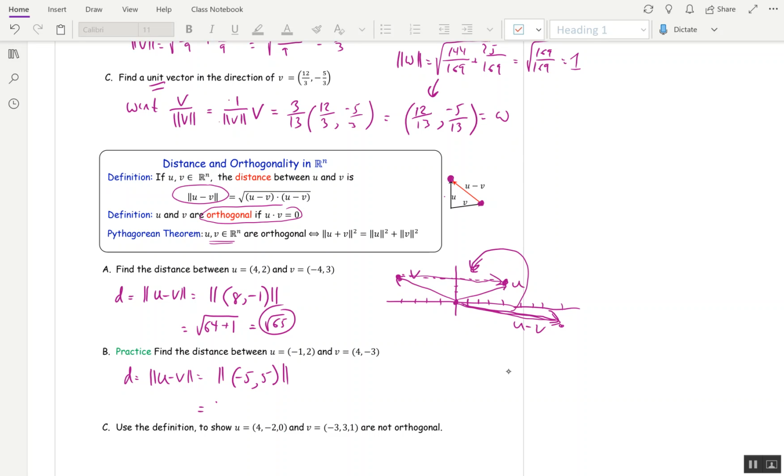And so that's the square root of 25 plus 25, because the negative gets squared out, which is root 50. So that's fine, leave it like that, or if you want to clean it up, 50 is 2 times 25, so this would be 5 root 2.